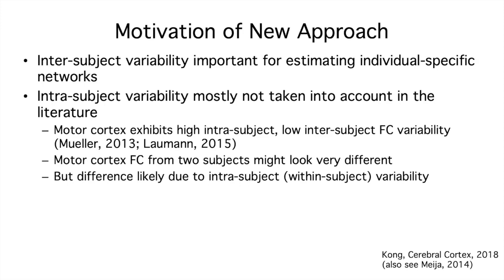So for example, we know that the motor cortex exhibits high intra-subject, but low inter-subject variability. So this means that if we see that the motor cortex functional connectivity is very different across two subjects, then if we're not careful, we might mistake this difference for inter-subject differences rather than intra-subject variability.